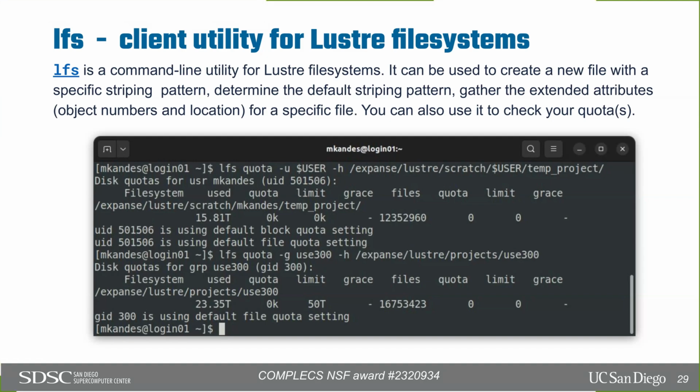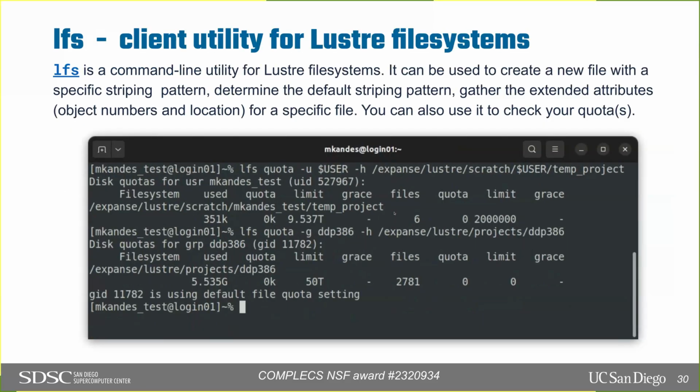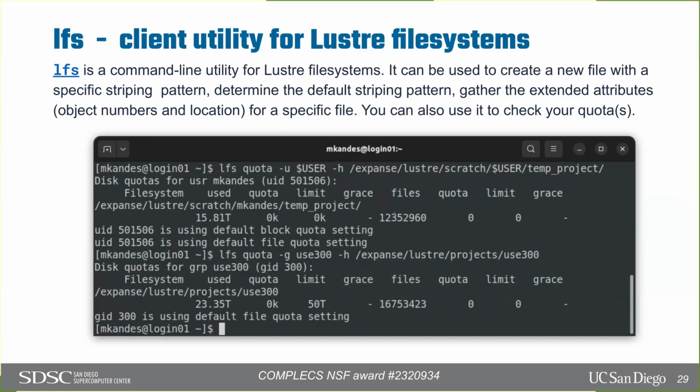So the scratch is used for short-term temporary storage. And you can see here that I'm using 15 terabytes and, sorry, what was that? 12 million files there. But you see there's also these limits, right?